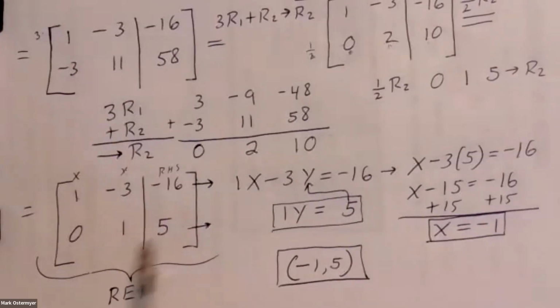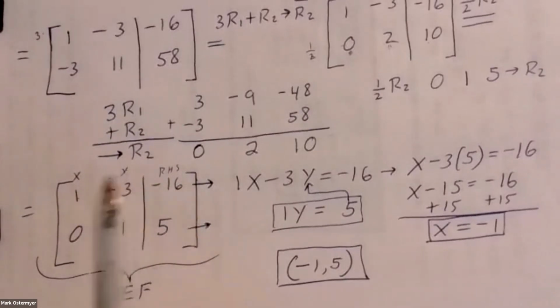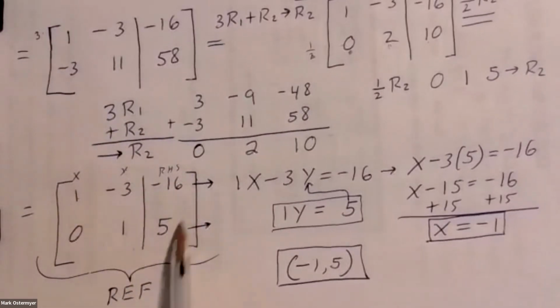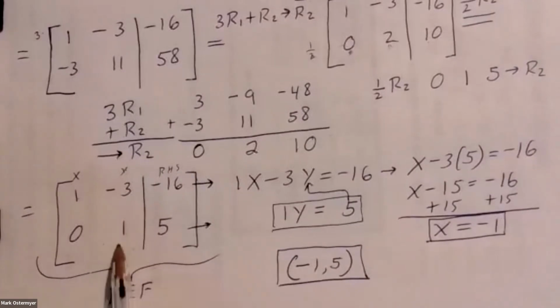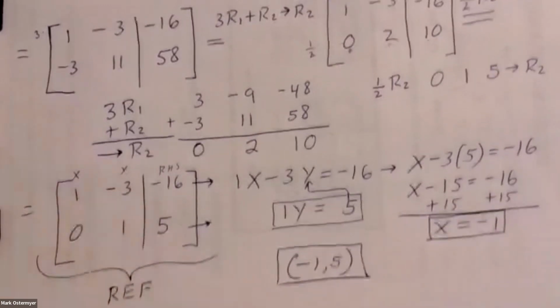So ladies and gentlemen, I can pick up where I left off right here. You see that right here? I can pick up with this matrix that's in row echelon form, and I just have to do one more thing to it to get it into reduced row echelon form. Does anybody know what that one thing is to get this matrix from row echelon form into reduced row echelon form?